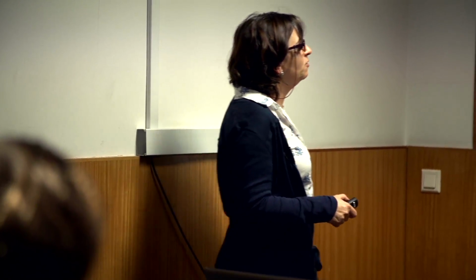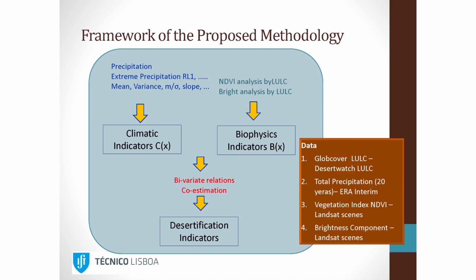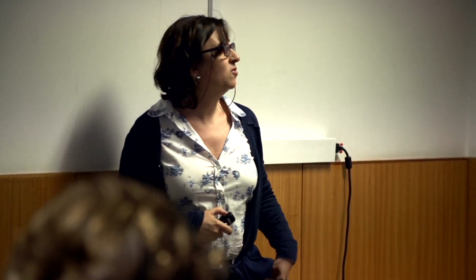The framework of our proposed methodology was to set up a set of climatic indicators through precipitation. Here we looked at a long series of precipitation data, and we tried to characterize not only the state, the status, but also the dynamic of this precipitation.